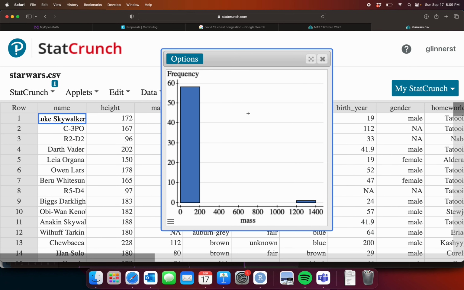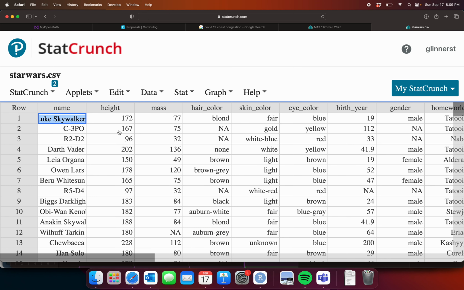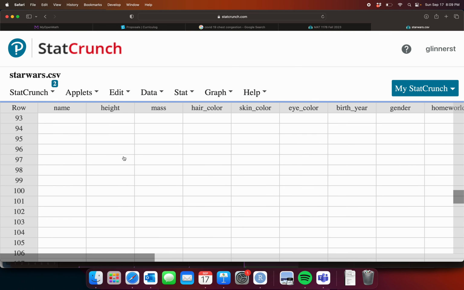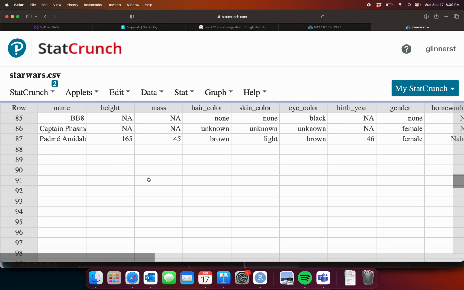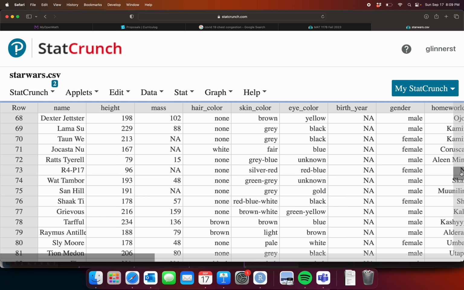Now, if you know Star Wars, you know that the person, place, or thing that is very big is Jabba the Hutt. If you've watched Star Wars, if not, that's fine. There is one character. Sorry, this does not scroll very nicely.